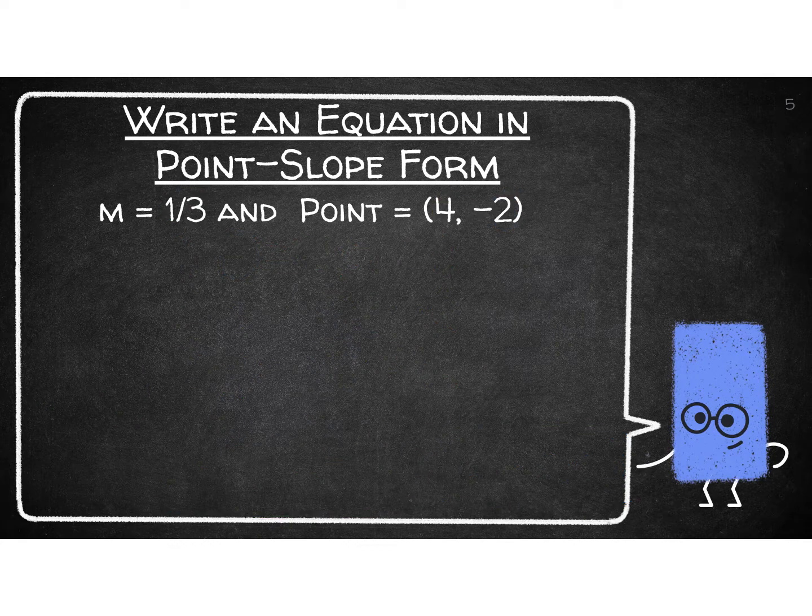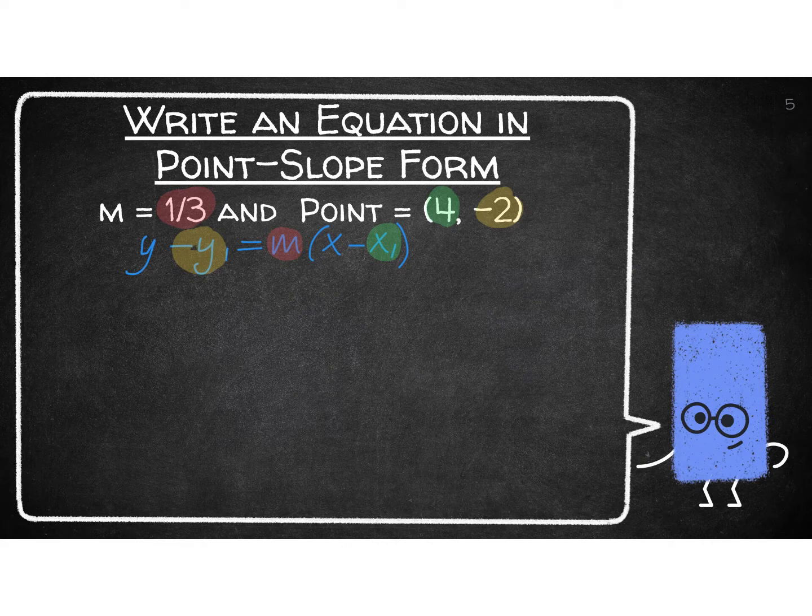So let's do another one where we're going to be writing in point slope form first. So y minus y1 equals m times x minus x1. We'll write it in point slope form, and then we will write it in slope-intercept form. Okay, so first we find our m right there, so those will go in together. Then our x1 is the 4, so that will go there, and our y1 is the -2, so that will go right there.